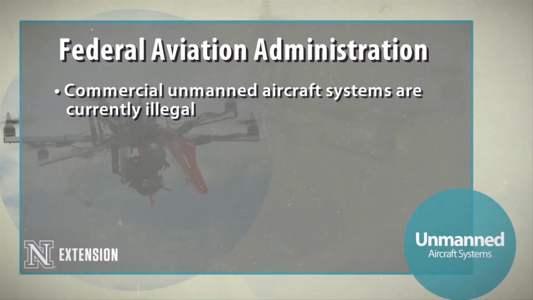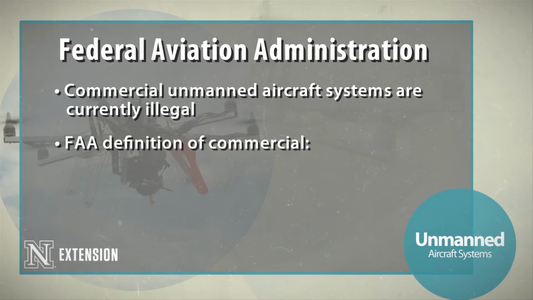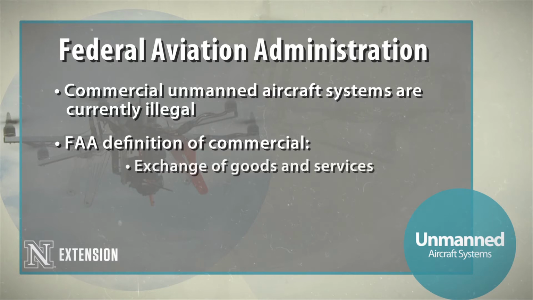For commercial purposes, again, it's illegal to fly unmanned aircraft systems, and the FAA view on commercial is quite restrictive. They view any sort of exchange of services or goods for money, or goods and services for goods or services, as a commercial type of endeavor. And that would be illegal with unmanned aircraft systems.